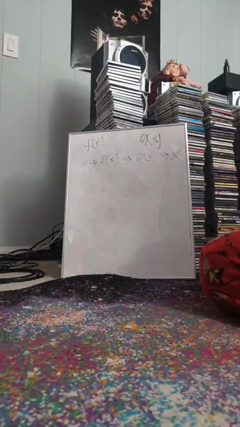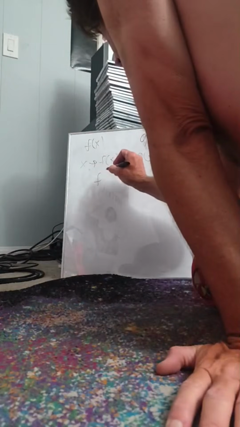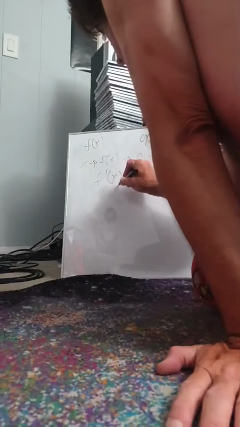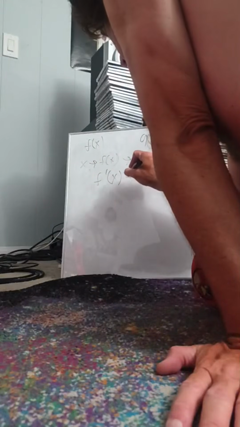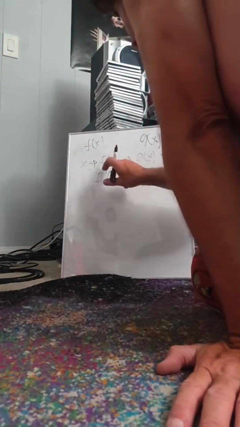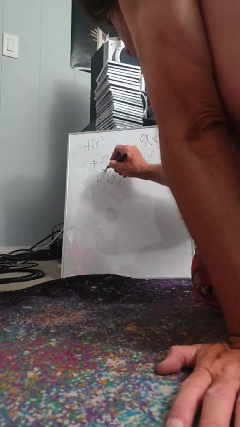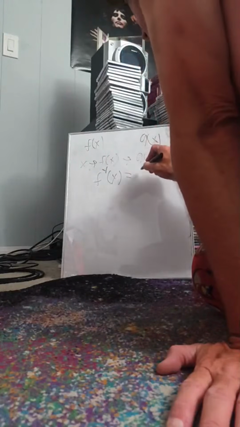And that's written as f to the minus 1 of x equals g of x.